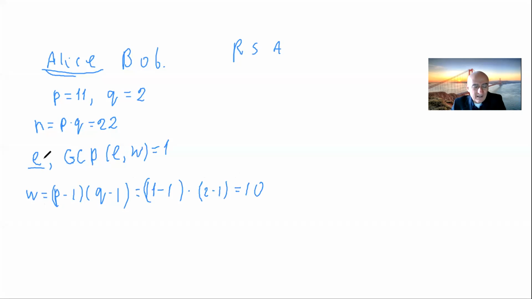So number E should be relatively prime with number 10. Let's take the smallest number which is relatively prime with 10, it's 3. So let's take E equal 3.